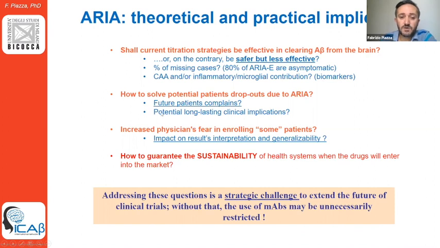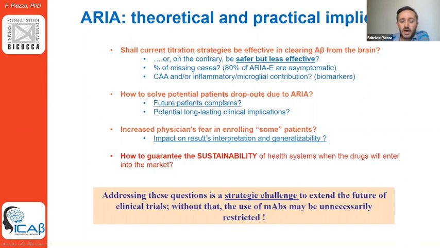But also we have to understand the long-lasting clinical implications of an ARIA. And also we have to consider, because of everything that we saw now, whether the data that we have today from clinical trials, and the interpretation of these data, are really generalizable because of the many issues that we saw.